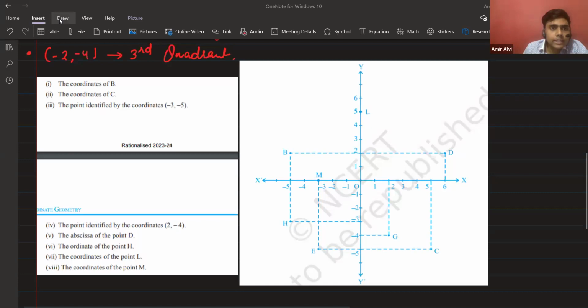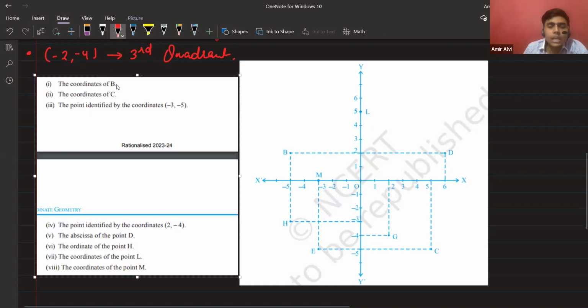The first part says write the coordinates of B. Let point B be here. What is the value of the x coordinate? If this is the origin, B is here: 1, 2, 3, 4, 5. This is the 5 point. And what is the y coordinate of B? Plus 2. So the point is (-5, 2).